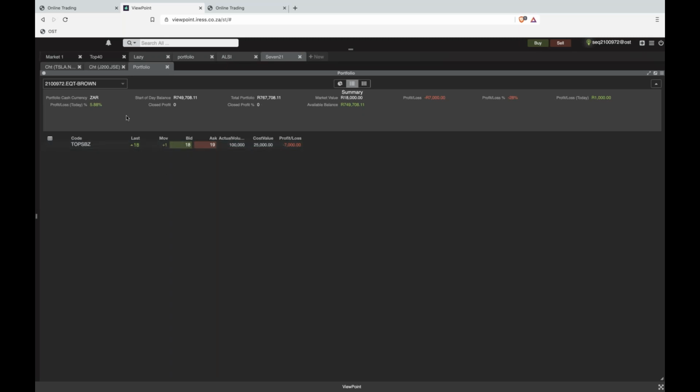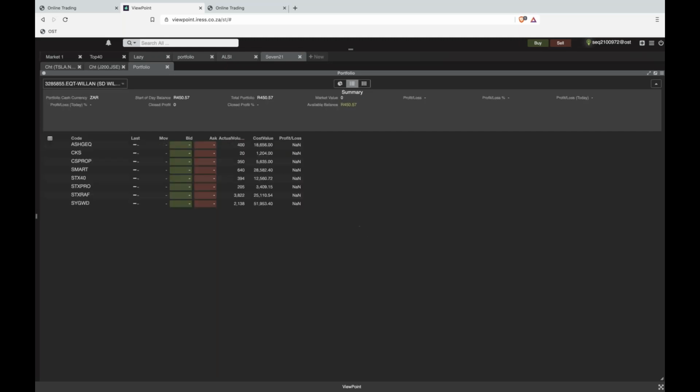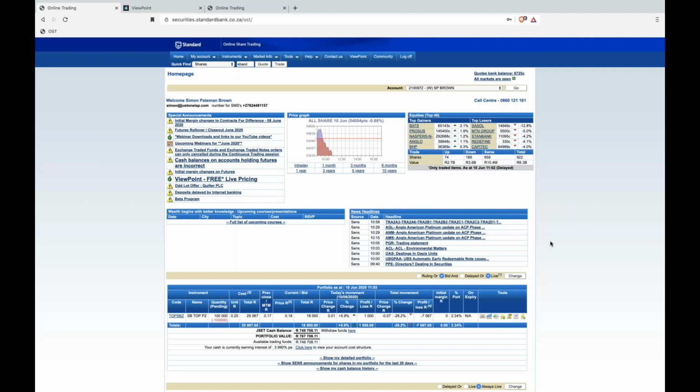And then at the top, it shows you your cash scenario, and where the cash is sitting and how much it is. And you can pull that in then for across different accounts that you have. So, for example, there's one of my niece's accounts, and that then sits there and you can go and view the portfolio details.